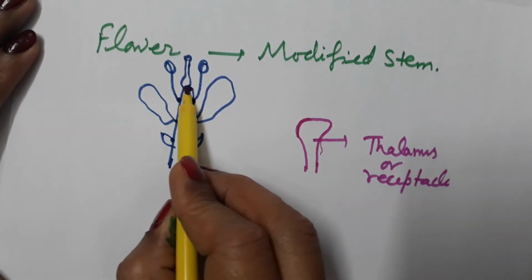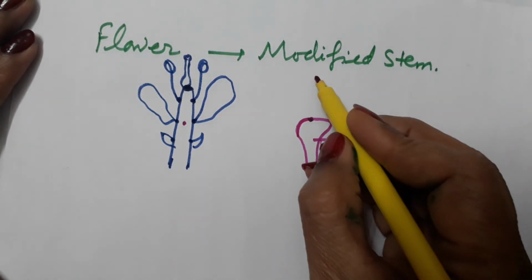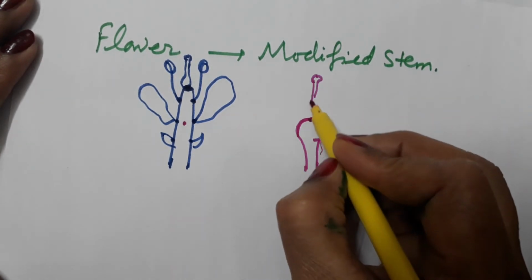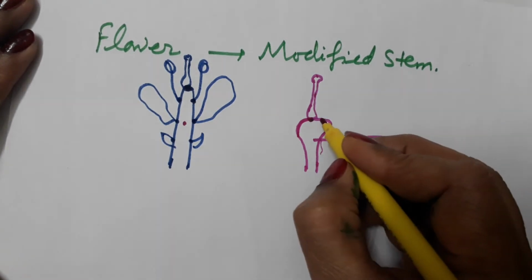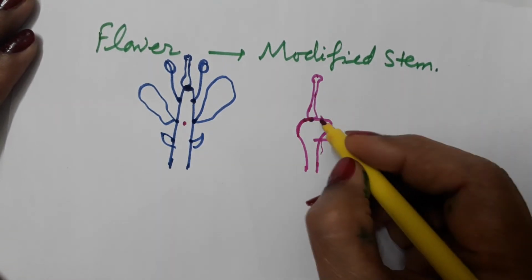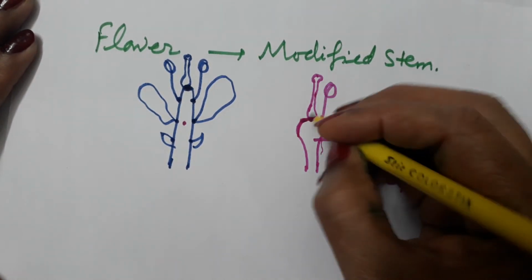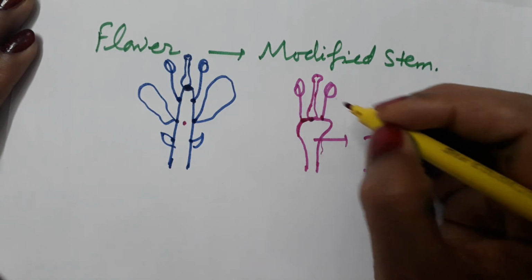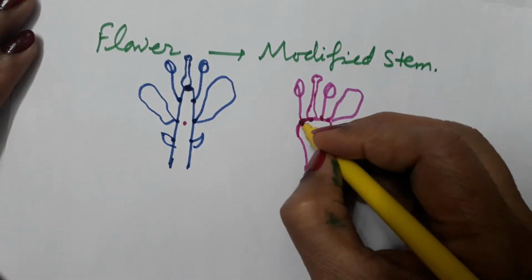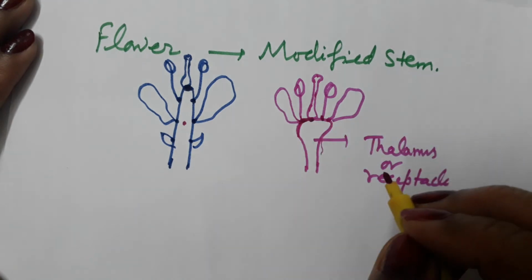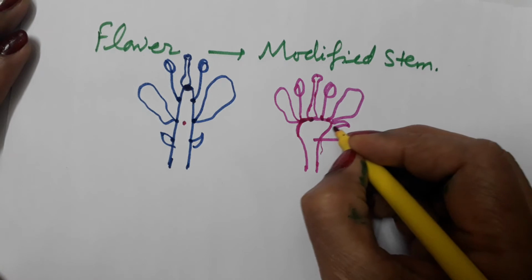This is the apical part of the stem, which comes in the center of this thalamus and on which pistil is produced. Adjacent to this, stamen originate from the nodal portion. Adjacent to this, petals are produced from the next node. Adjacent to this, sepals are produced.